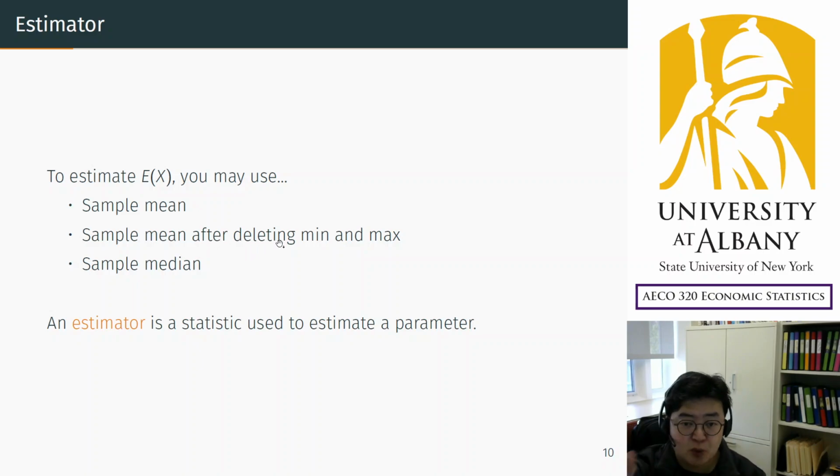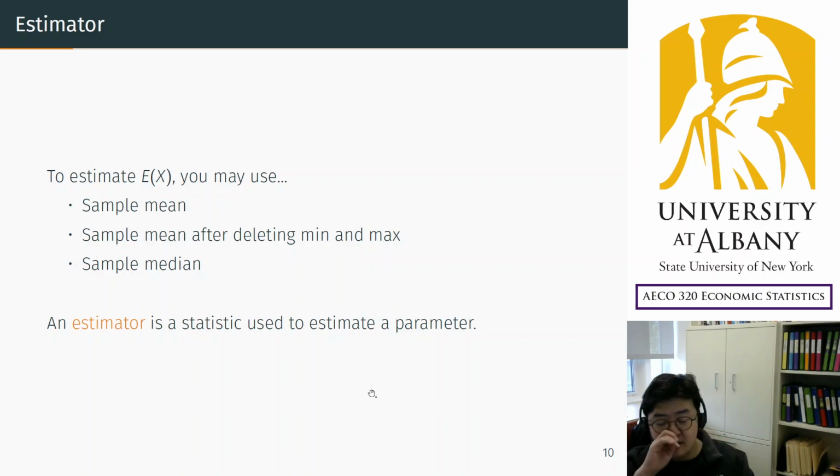In some sports, we use this kind of grading system, dropping the minimum and the maximum and calculating the average within the middle ones. Or how about using a median, right? Median and mean are measures of the central location. So a median could make some sense, right?